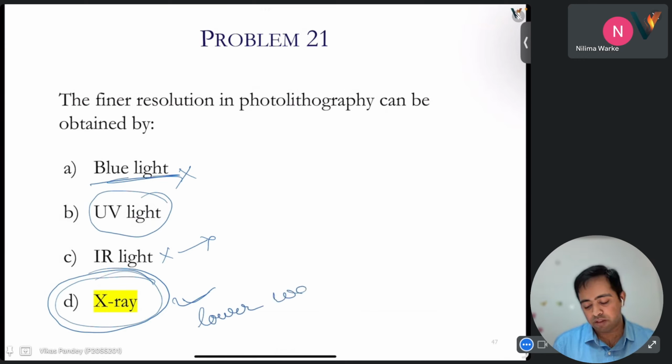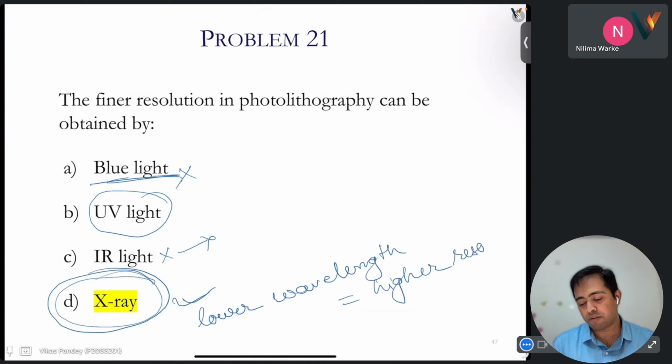Lower wavelength equals higher resolution. Got it? So whenever such a question comes, always remember the Rayleigh criteria. The lower the wavelength, the higher the resolution, because we will be able to resolve smaller dimensions.